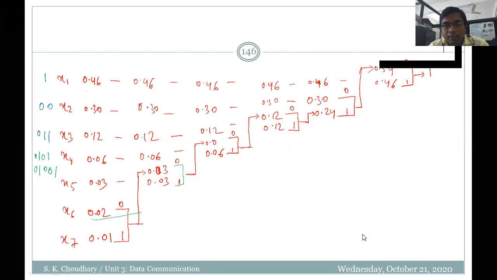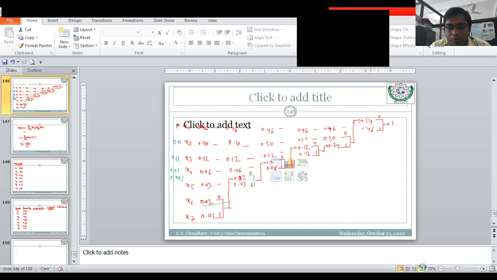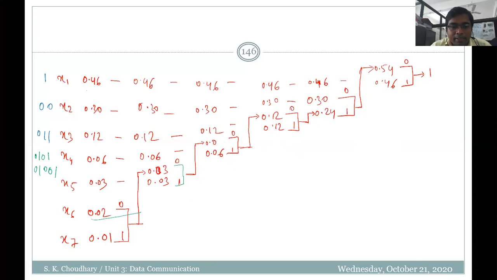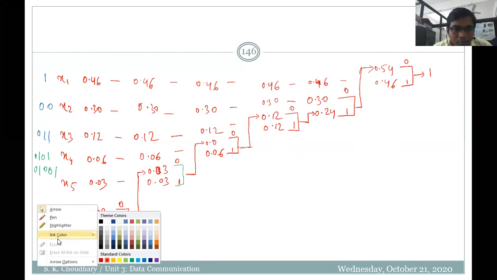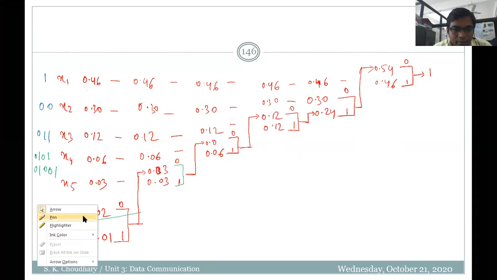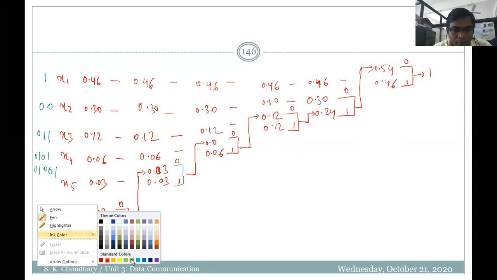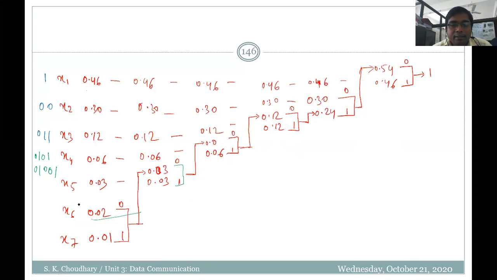Today we will trace back for x6 and x7. Up to x5 we have already done the tracing. Now we have to do it for x6 and x7.